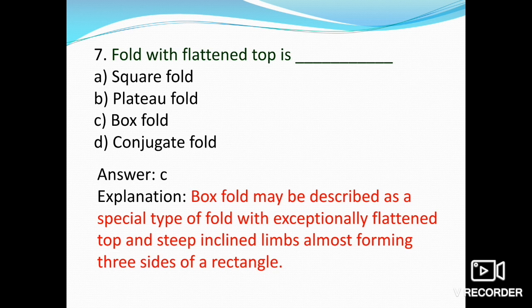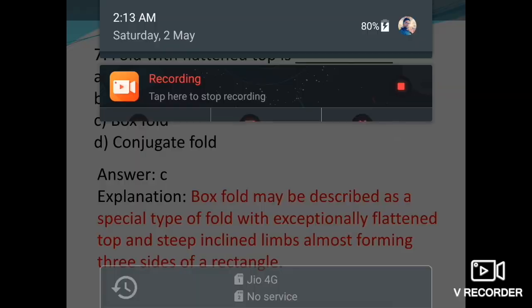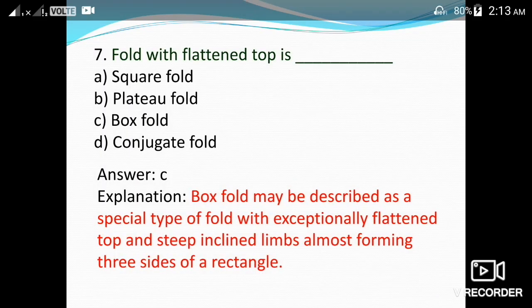In a box fold, the top or the hinge zone is flat and the limbs are very steep, almost forming three sides of a rectangular shape. If you see a box fold, its shape is like that, they form three sides of a rectangle. So option C is right, box fold.